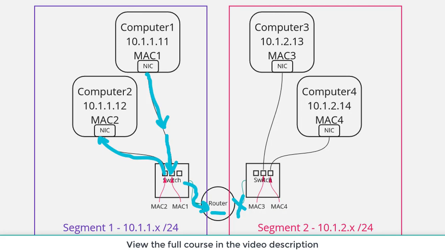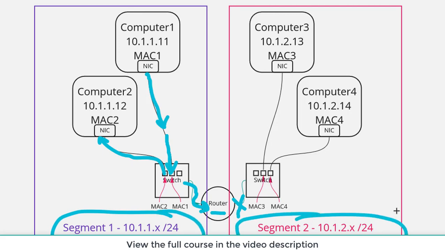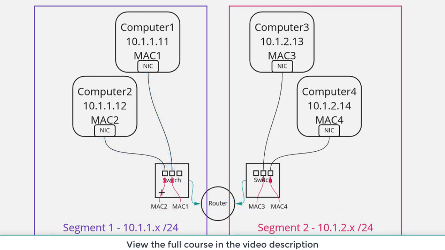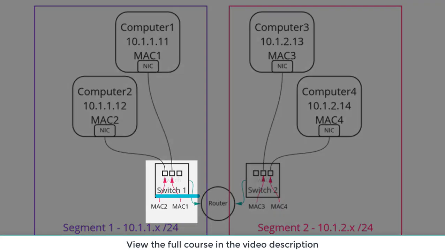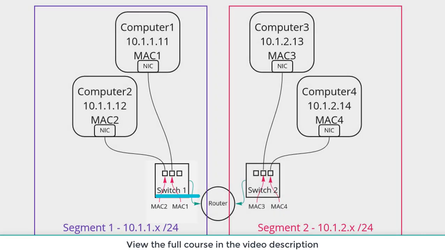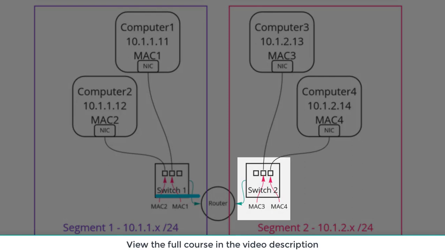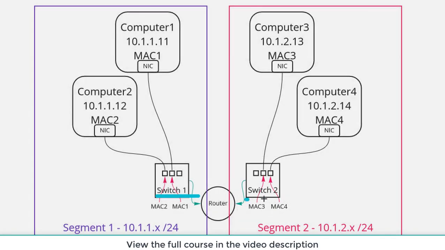So by putting a router in the middle, we now have 2 different broadcast domains. This segment is a broadcast domain, and this segment is a separate broadcast domain. And the other impact is that this switch, let's call this one switch 1, does not need to know about the MAC addresses that are connected to switch 2, and vice versa.